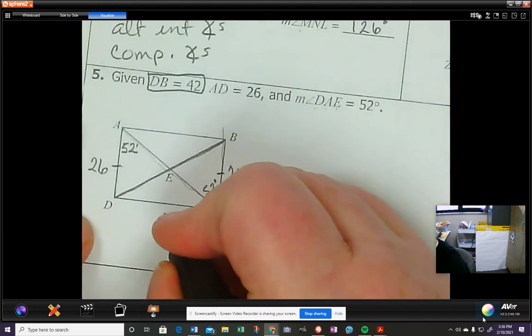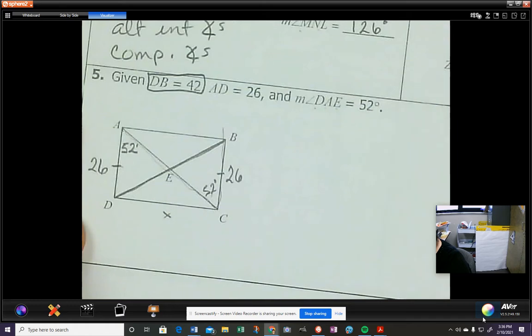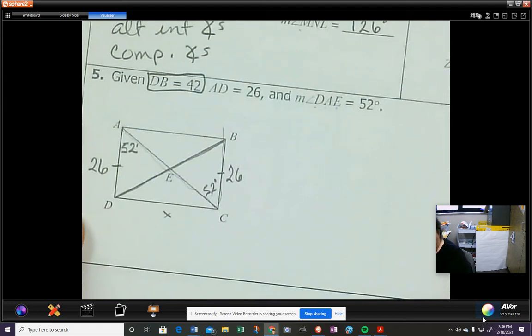I can figure out this side right here by using cosine of 52 equals 26 over x, if I wanted to.